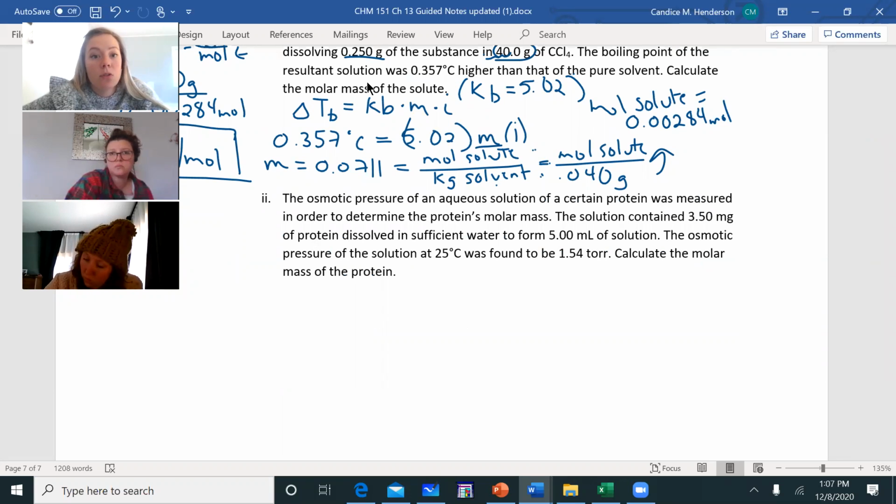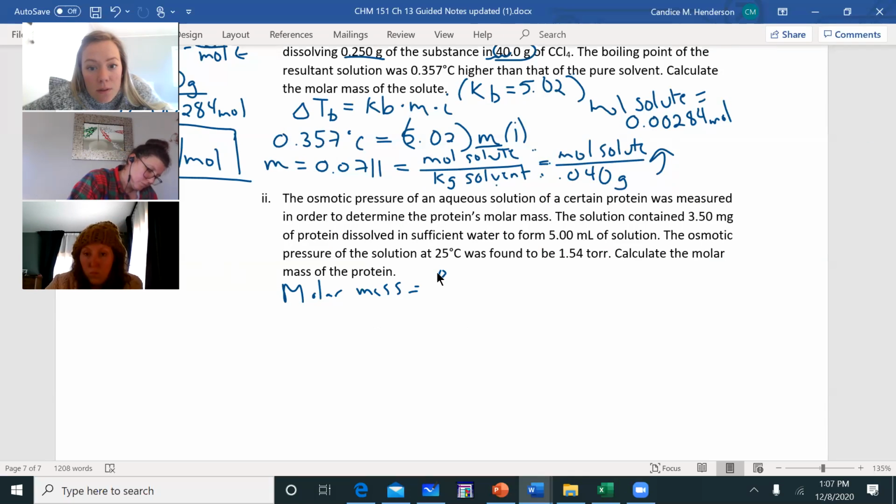So I'm going to write molar mass, and I'm going to say that it's equal again to grams over mole. The solution contains 3.50 milligrams of protein dissolved in sufficient water to form a 5.00 milliliter solution. All right, so what can I pick out of there?